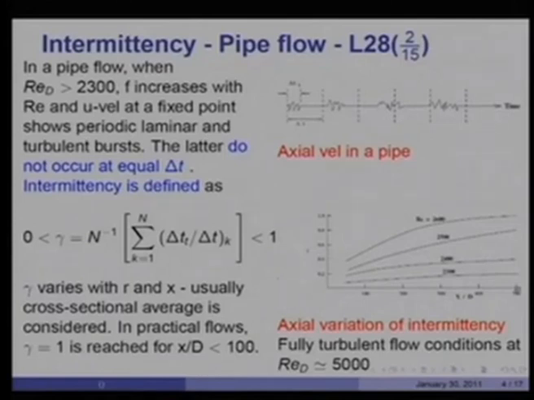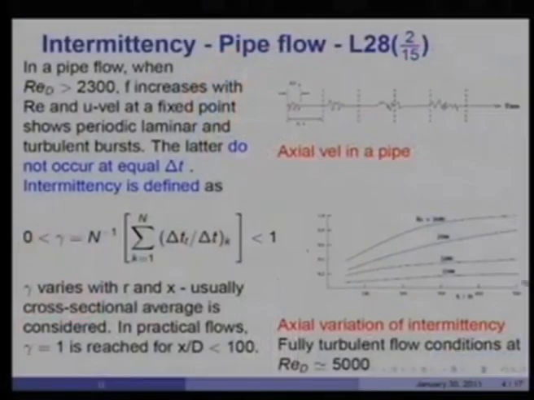So, in this case the flow will never turn turbulent at all in practical lengths of pipes, which would usually be 100 D or 200 D at best, but flow will become fully turbulent at very long distance from the entrance.